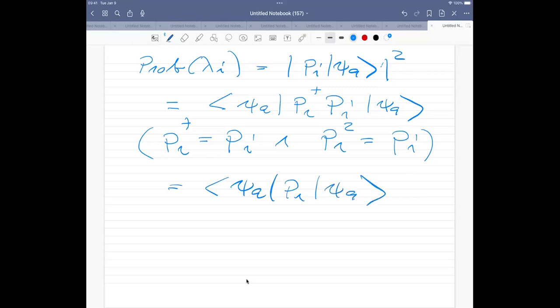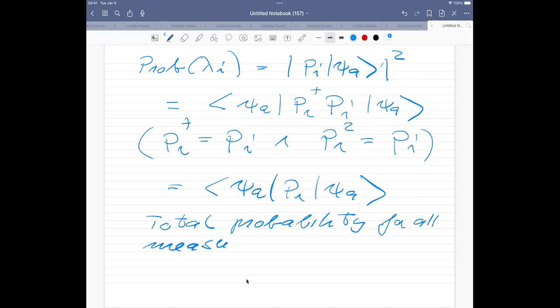Now the total probability for all measurements, since this is an orthogonal basis we are using, is the sum over all the possible measurements, or operators.